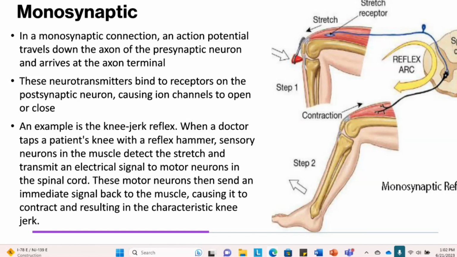It's mono, it's one. There are not several. And polysynaptic will be more than one. Exactly. That is going to be involved in that reflex arc. Okay, very good. Thank you. And this one that we observe here in this moment is the one that characterizes the knee jerk. Okay, very good.